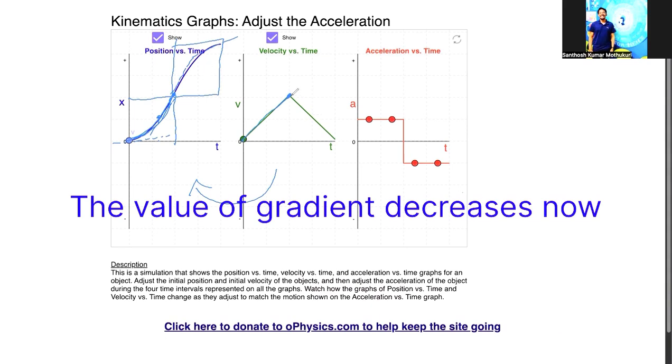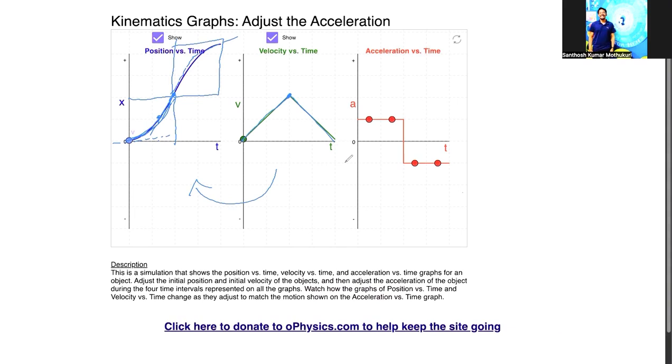Which indicates that this is decreasing with the negative acceleration. This is the negative acceleration, this part. That means you can just take these two graphs in mind now. Forget about the velocity versus time graph for a moment. Now look at the acceleration versus time graph and position versus time graph.